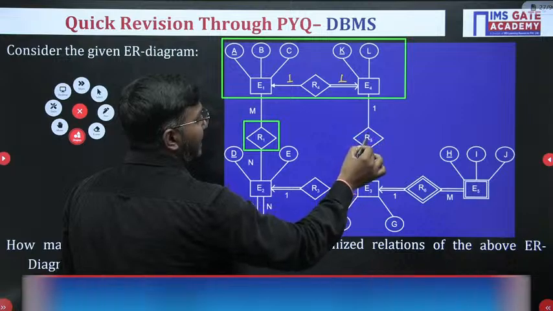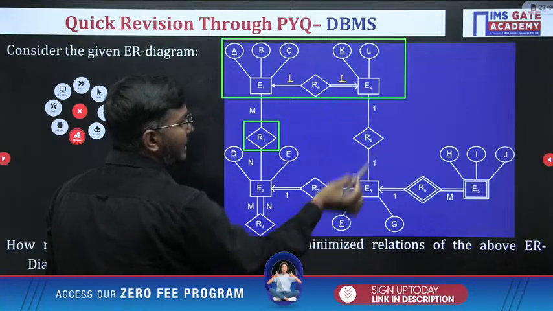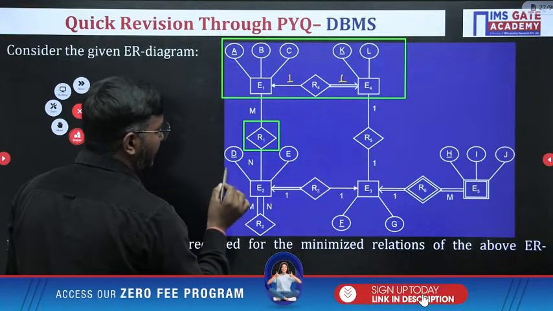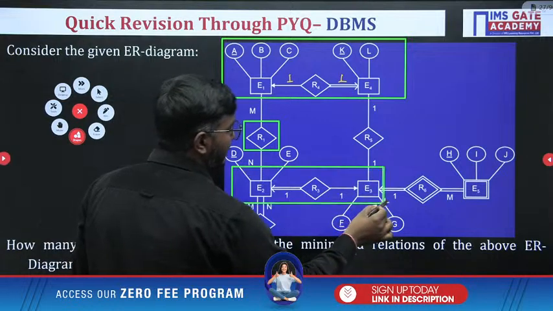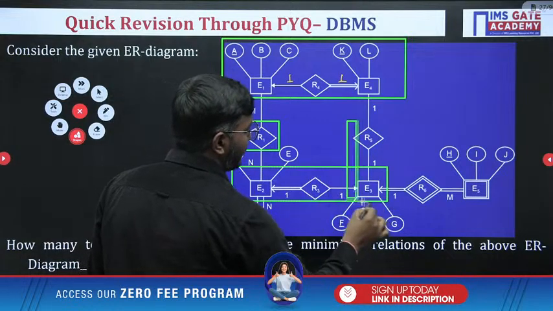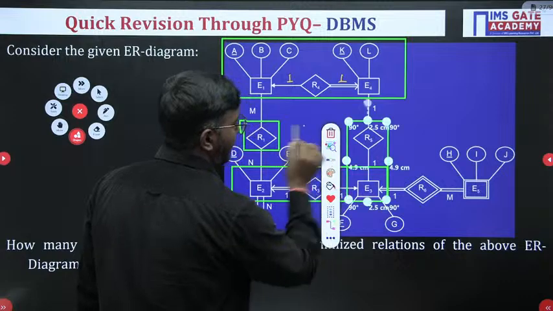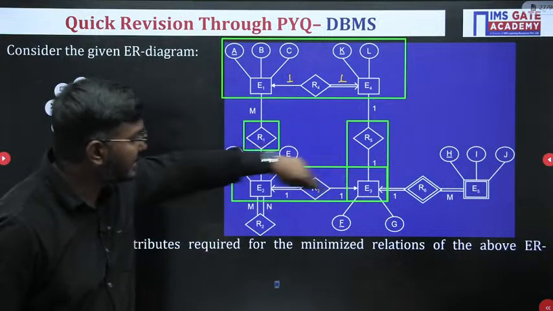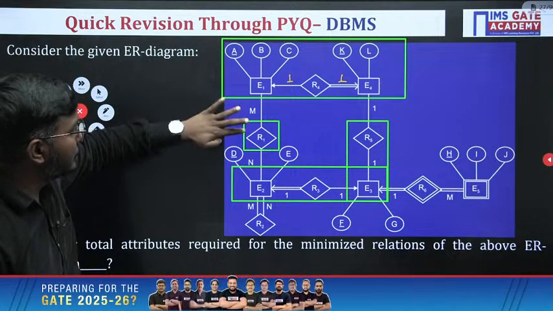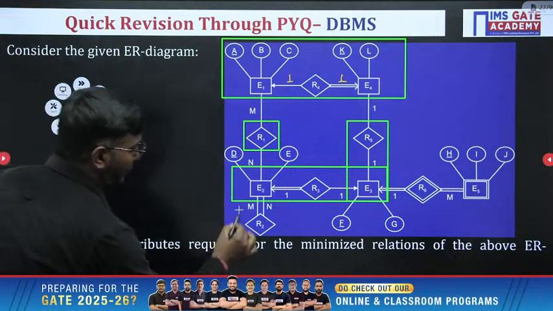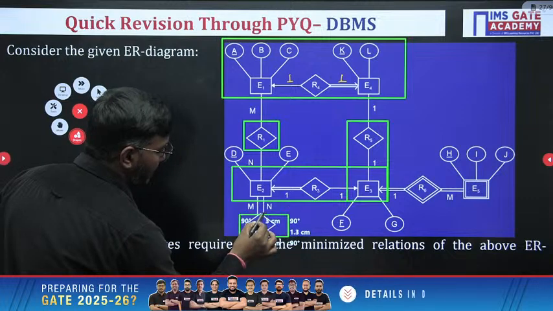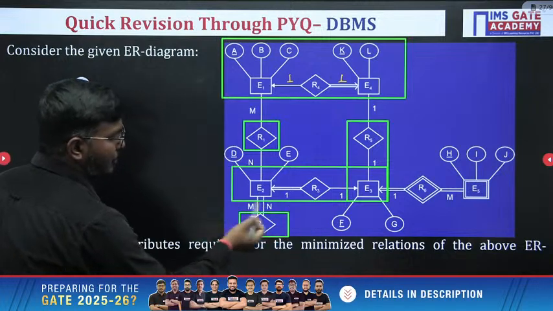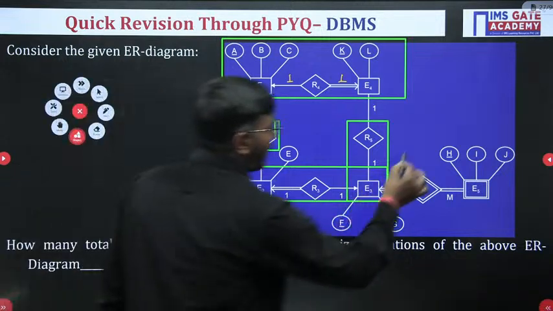So either this R5 can merge towards the E4 side or towards the E3 side, any one side. So let's keep it on this side only. Fine. Done. So this complete is a single table. So 1, 2, 3, and this will form a separate table because this is many to many, both sides partial participation, and the last one is this only.